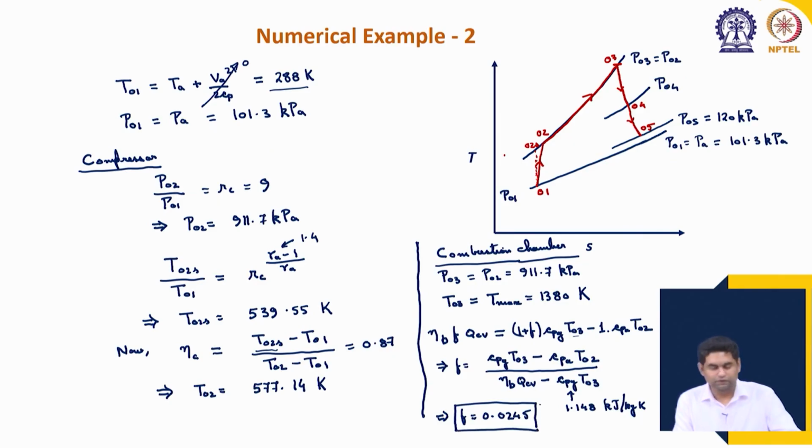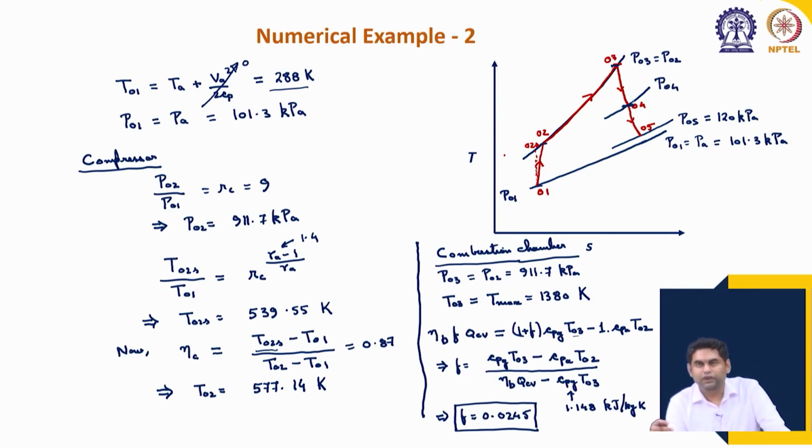Now, we also need to find out the net work output and efficiency, of course, also the specific fuel consumption. So, for this we want to find out the work output from the turbine. Remember that the first turbine is not generating any external work, the work which is generated by the first turbine going from 03 to 04 is fully used up just for running the compressor. So, whatever work is generated from 03 to 04 is fully used up for running the compressor.